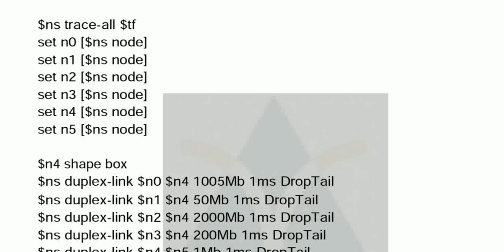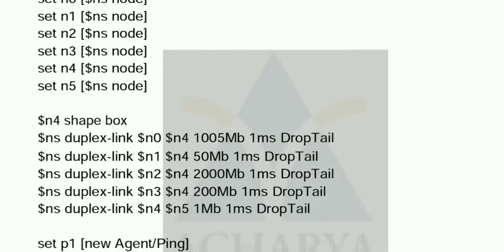Now that we have created the nodes, the next thing that we do is to establish the link. Now here I am establishing the link. I have shown it to you even in the topology there as well. To establish the link, what are the things that I have?